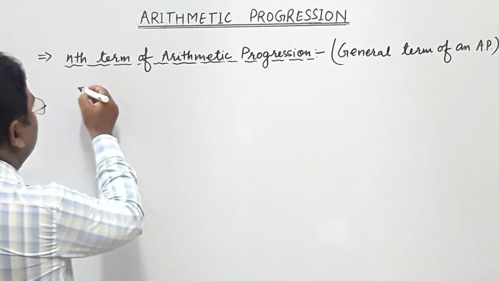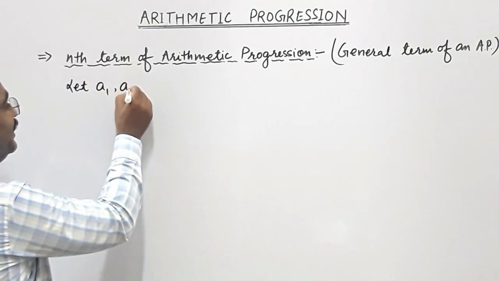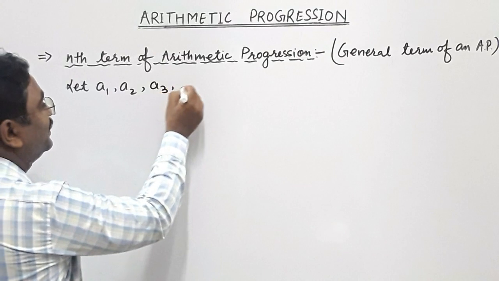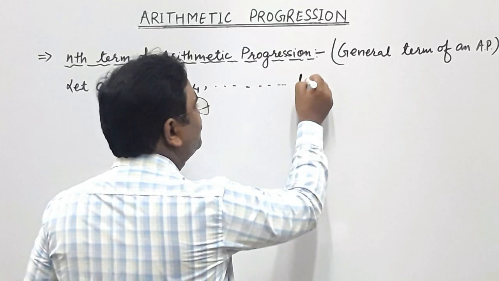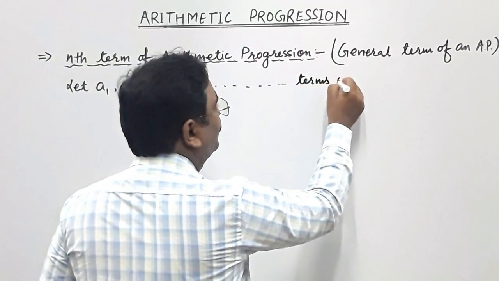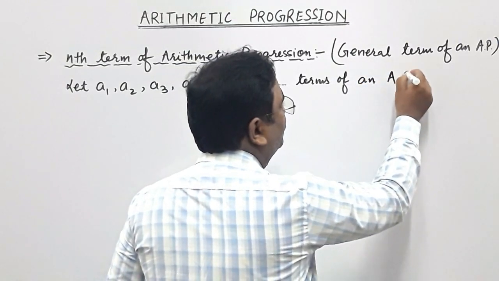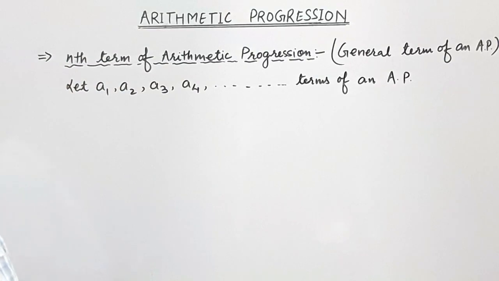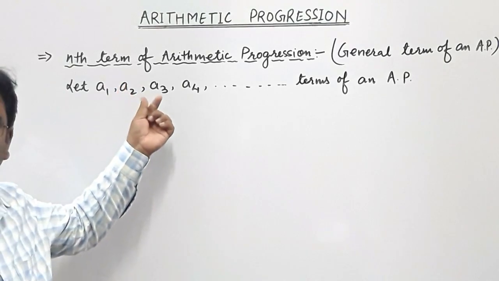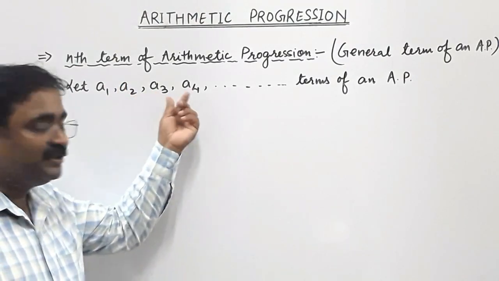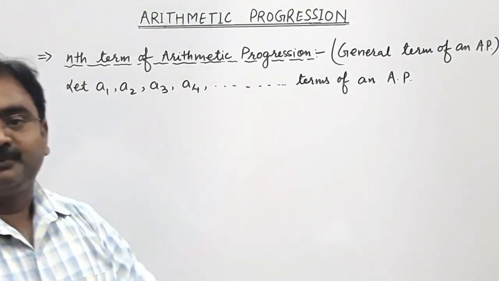So let a1, a2, a3, a4, etc. are the terms of an arithmetic progression. a1 is the first term, a2 is the second term, a3 is the third term, a4 is the fourth term, etc. These are the terms of arithmetic progression.